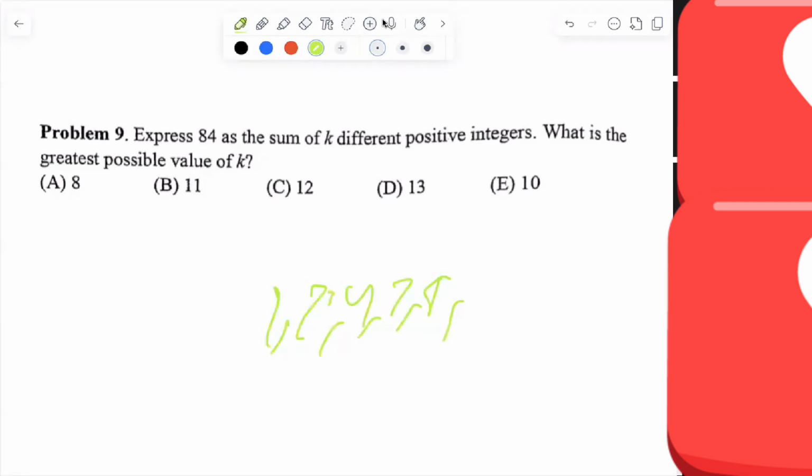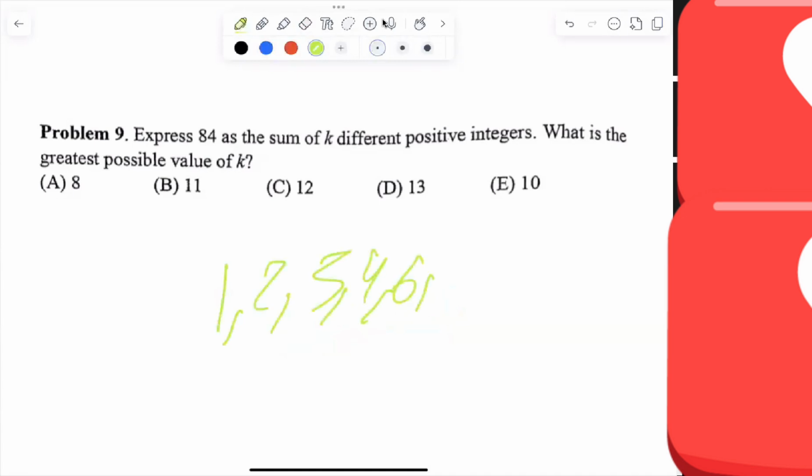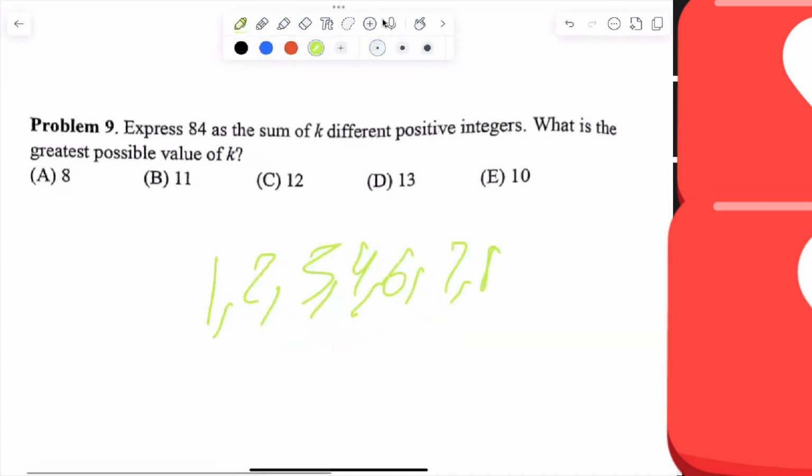Oh yeah, I forgot about 3. My bad. 1, 2, 3, 4, 6, 7, 8. Let me just finish this problem.